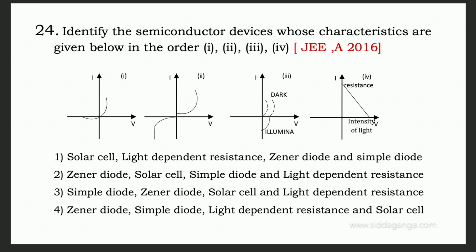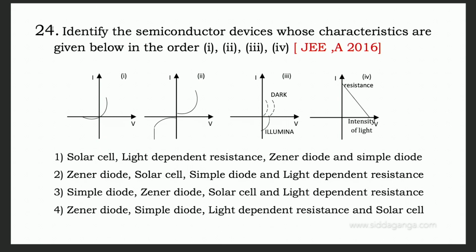luminous versus dark region. So in case of solar cells, we showed this. It is a dark region and brightness appears. So this is reading part for the solar cells. And fourth one, that is about the light and resistance.